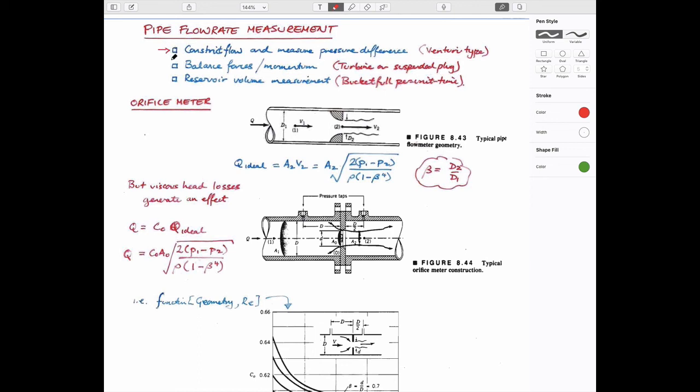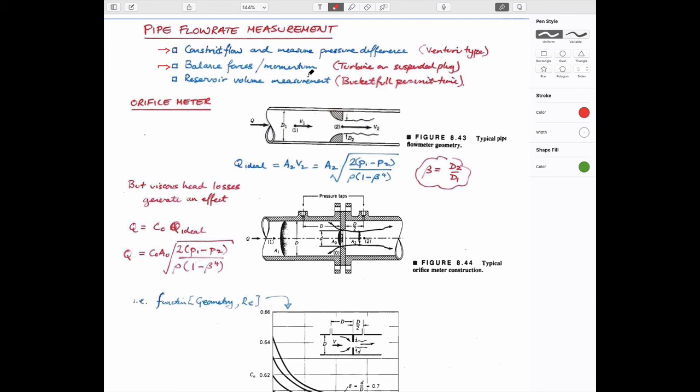One is that you can constrain flow and measure a proper pressure drop between upstream and downstream, the Venturi type flow meters, which we've talked about when we talked about Bernoulli, for example. You can use the flow to balance momentum against something. So if you imagine putting an impeller within the flow stream, the forces on that impeller will turn it, and if you can measure the rate at which that impeller moves, you can use that to measure flow rate.